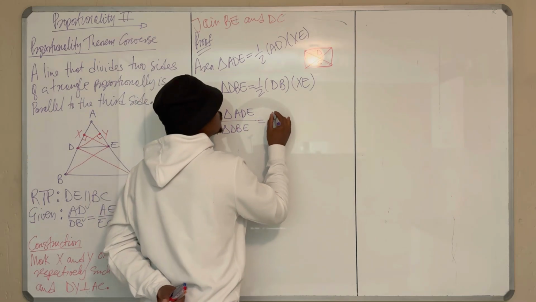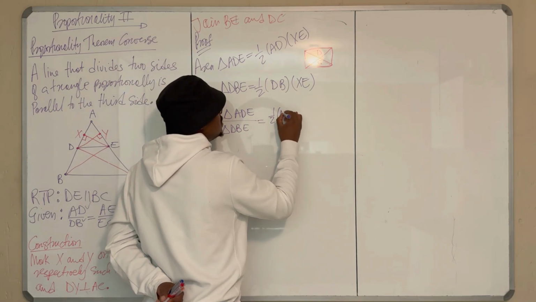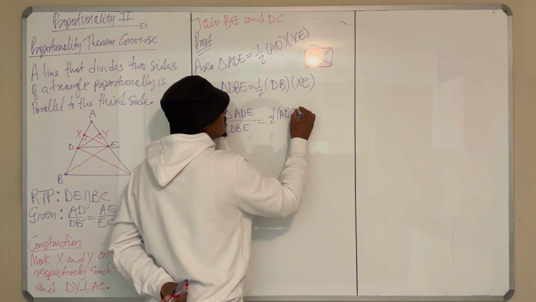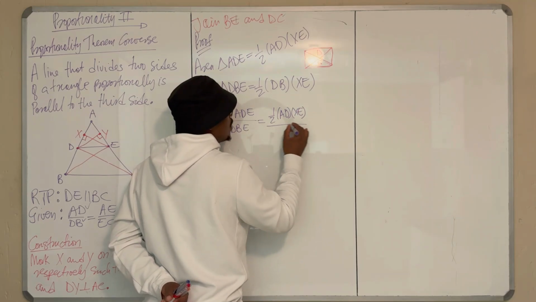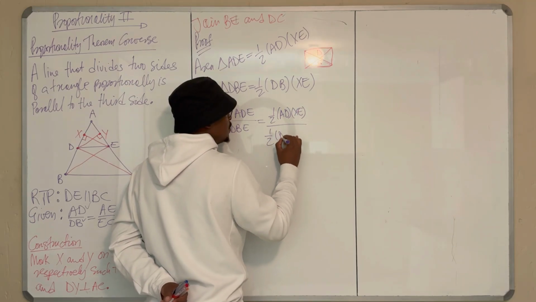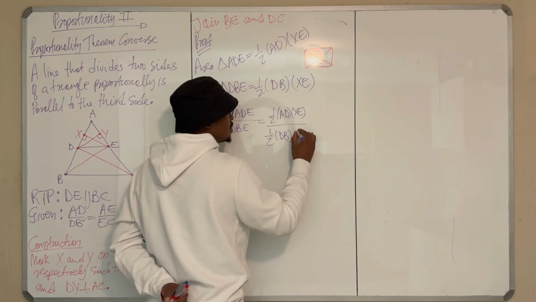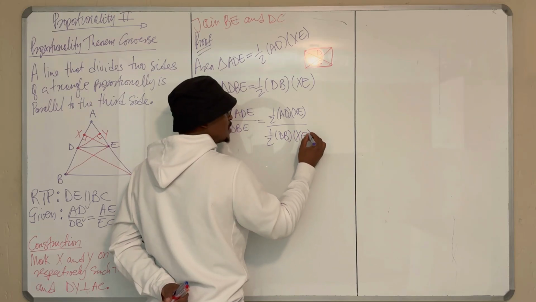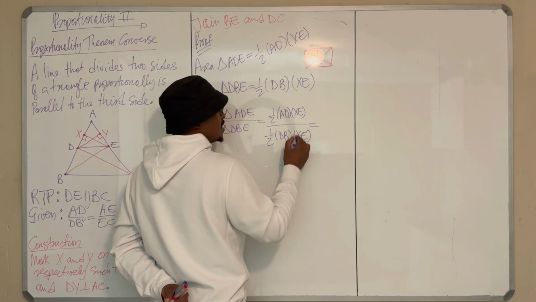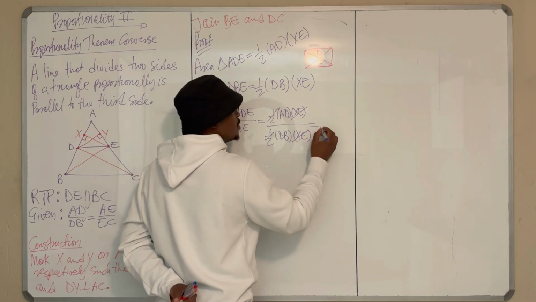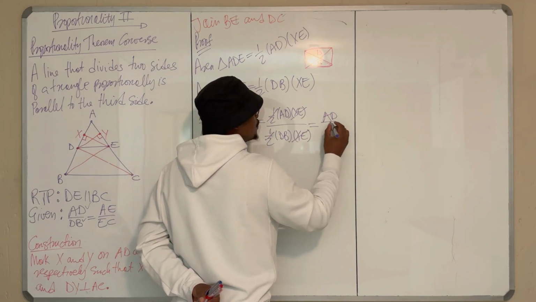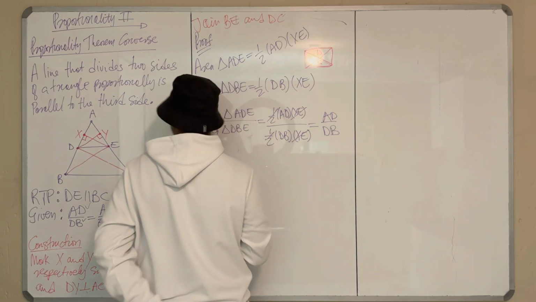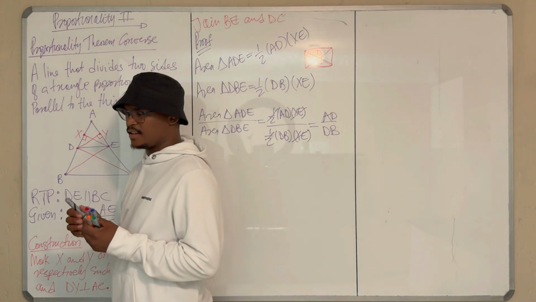What you will have is half AD times XE over half DB times XE. Are you happy with this? So this and that will go away, this and this will go away. You're left with AD over DB. Is it clear? Yes, it's clear.